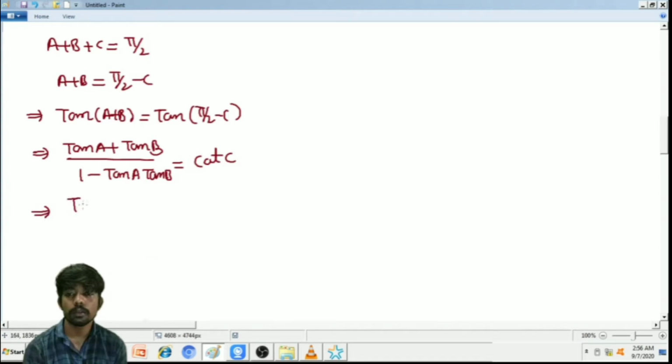So from here, (tan A + tan B)/(1 − tan A tan B) is equal to cot C, which can be written as 1/tan C. So cross multiply both sides.